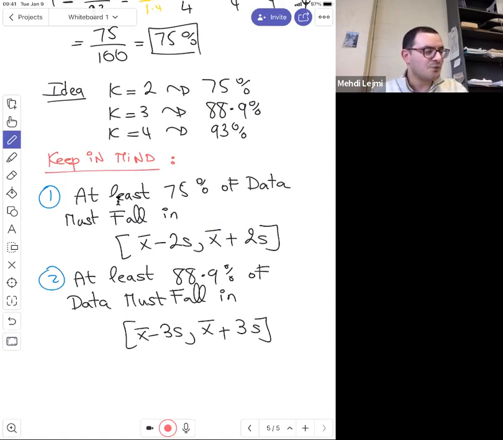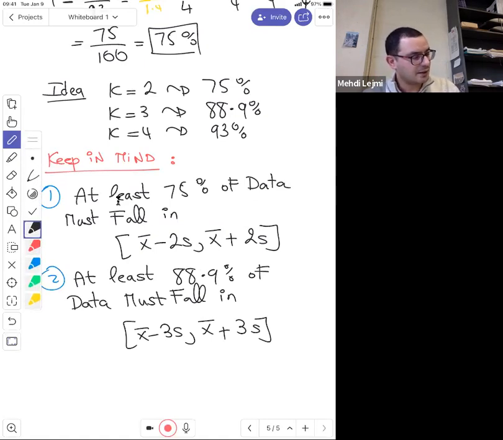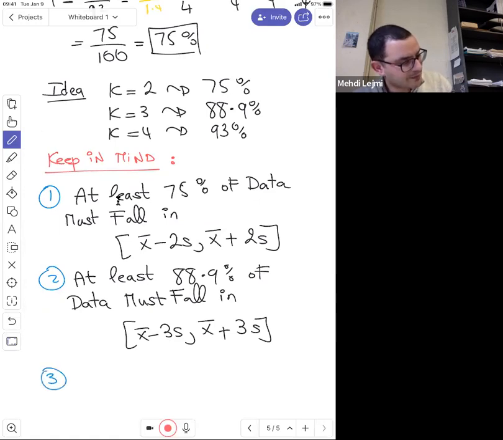If you use k equal to 4 in the theorem, then the percentage you get is 93%. But then, of course, you're going to have a bigger interval. So that will be the interval x bar minus 4s. So this is when k is 2, this is when k is 3, and this is when k is 4 in the theorem.